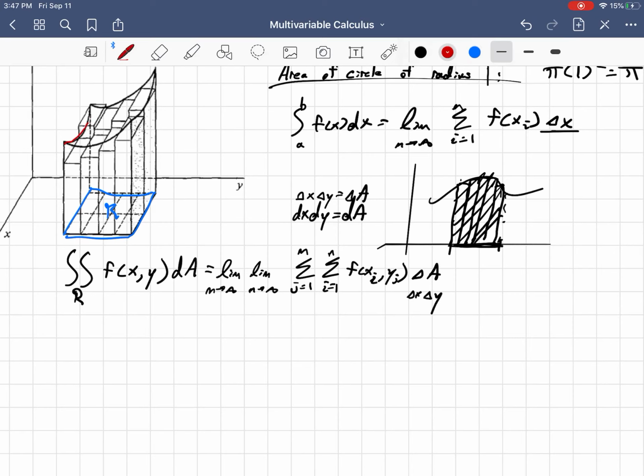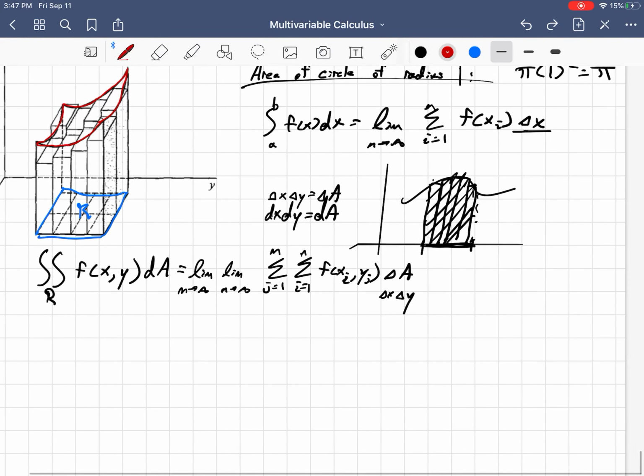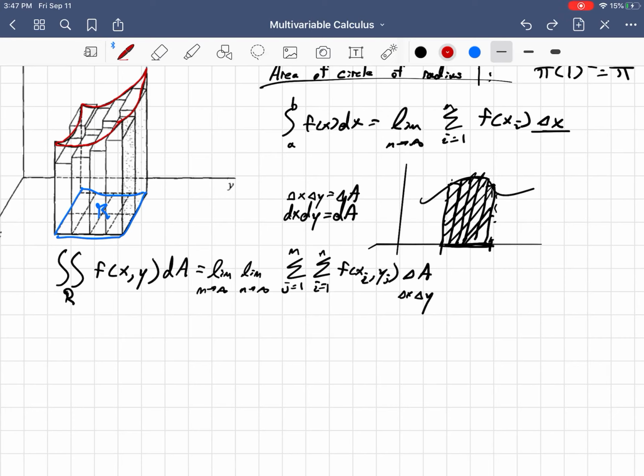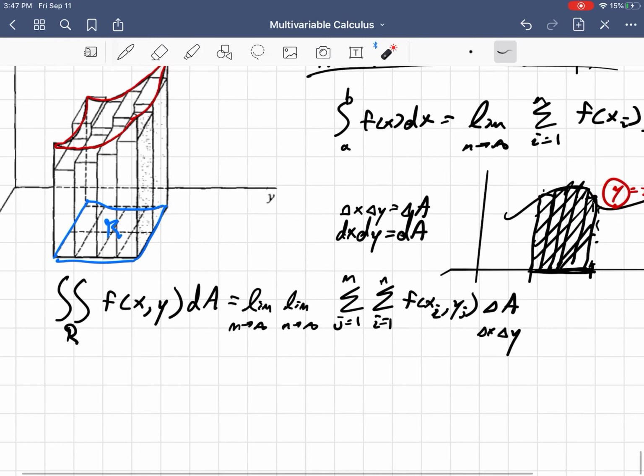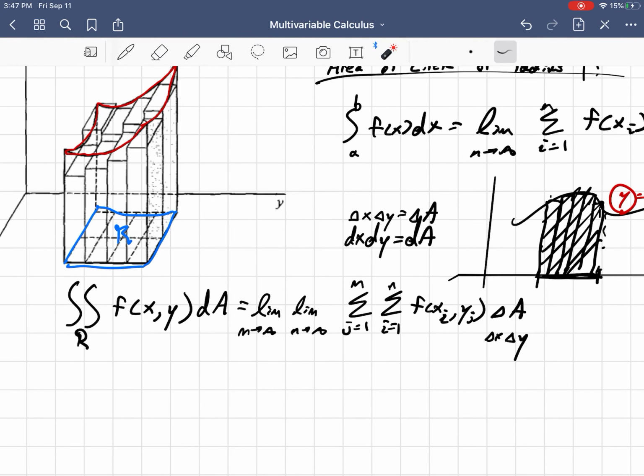And the graph itself is what I'm doing in red right now. So the actual graph lives in 3-space because it has 2 independent variables, just like how this is y equals f of x, and so it lives in 2-space because it has 1 independent variable and 1 dependent variable. Okay, so what I've done in red right here is the actual graph. So I don't know, maybe like a paper kind of folded up.